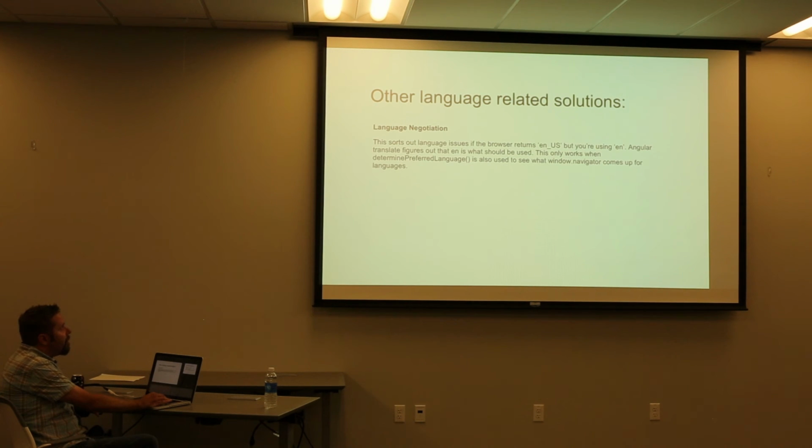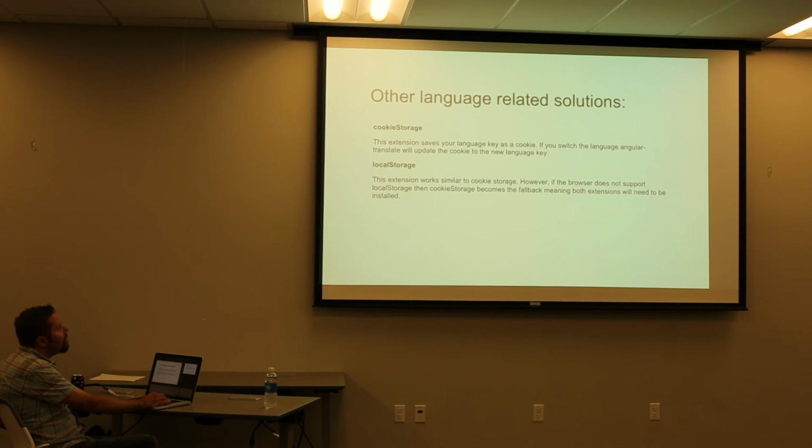Language negotiation: let's say your browser is looking for en-US for the language, but your file's en. This will figure it out, to get the correct language in there. Part of that, though, is you need to have the determine preferred language function there, to see what window navigator pulls up as far as available languages.